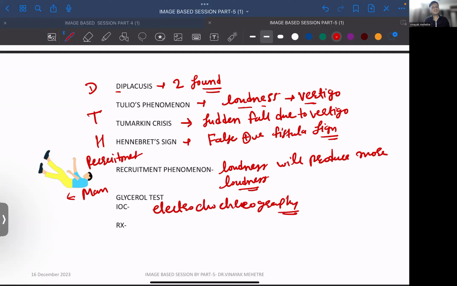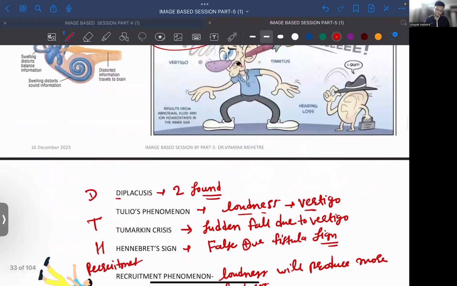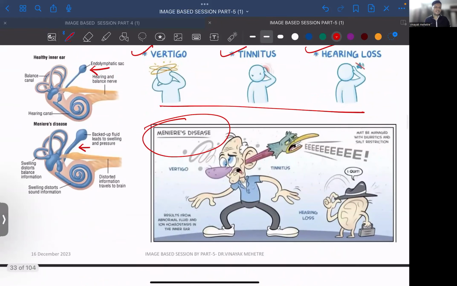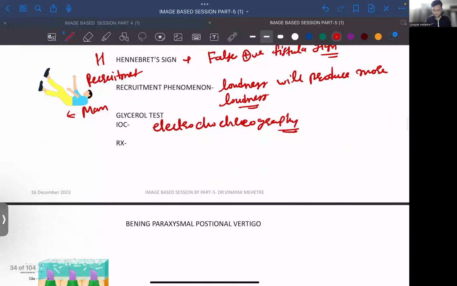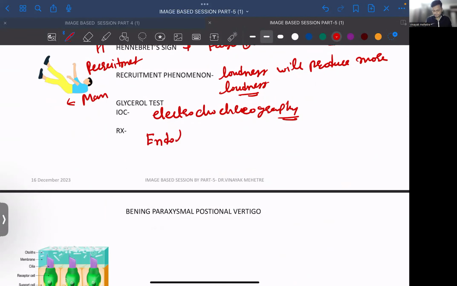Treatment. Where was the problem? It was in the endolymphatic sac, right? So the treatment is endolymphatic sac decompression. This is the treatment.